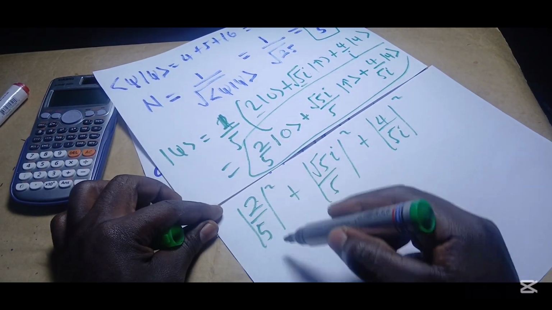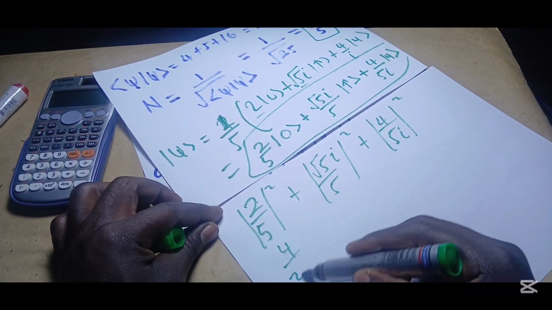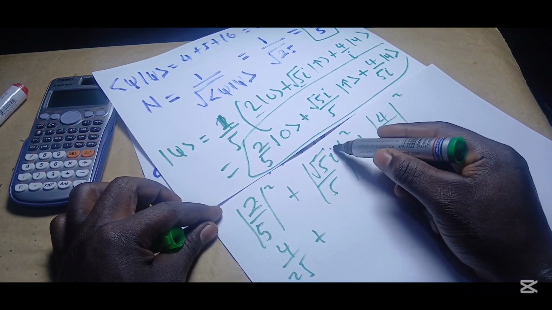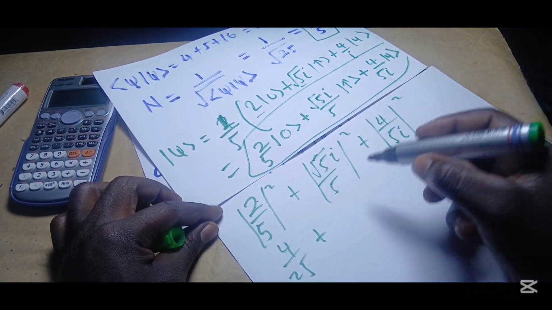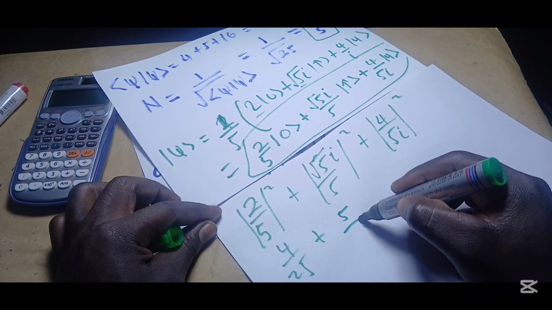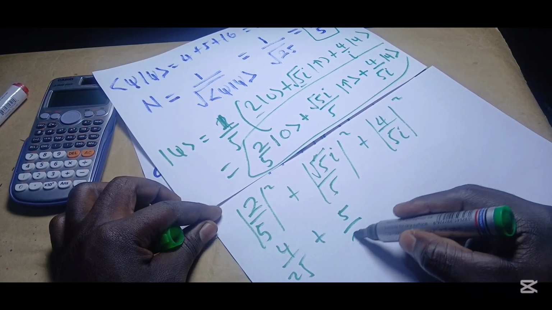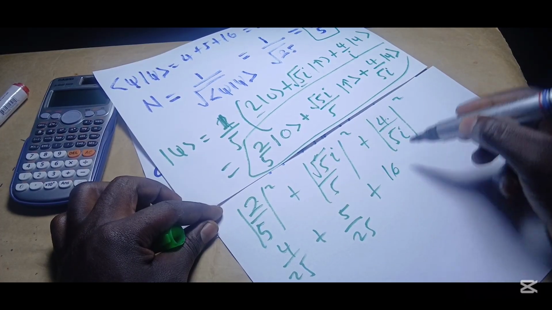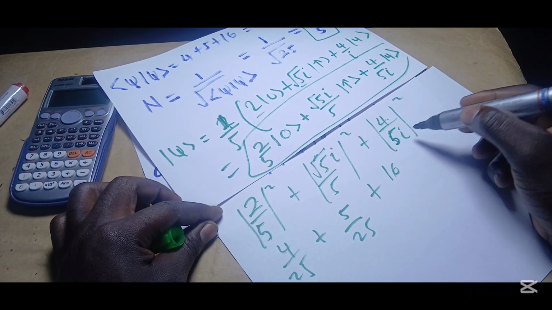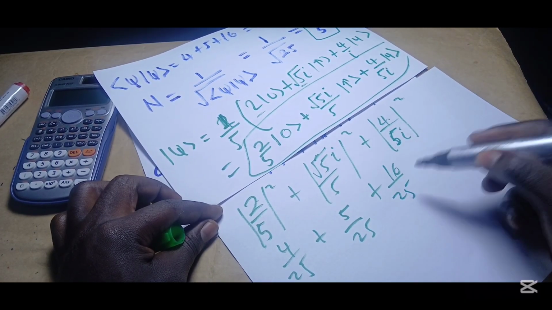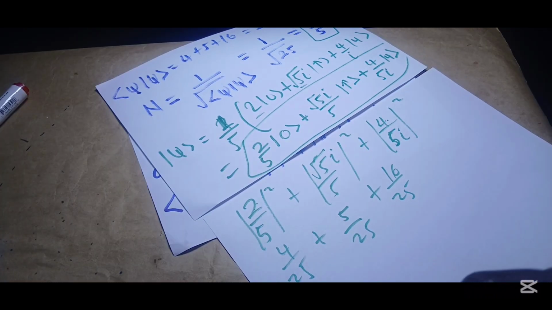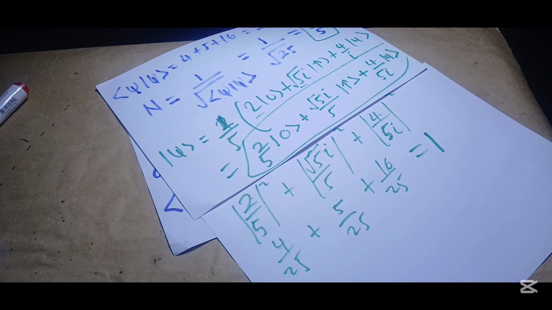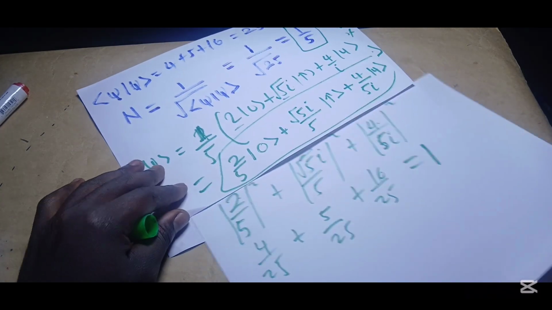So squaring this gives us 4 over 25. Plus squaring this is going to take care of the i and the square root sign, so we are going to get 5 over 25. Plus squaring this gives us 16 over 25. So that should give us 1. So normalized. That is it for this problem.